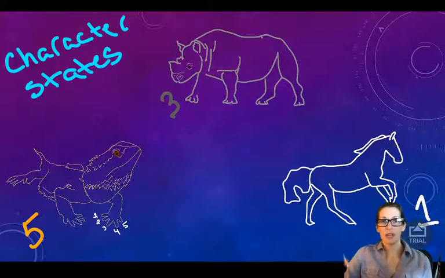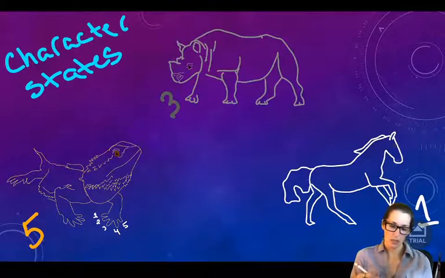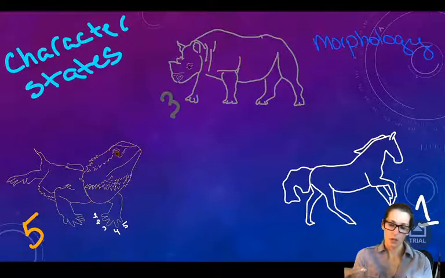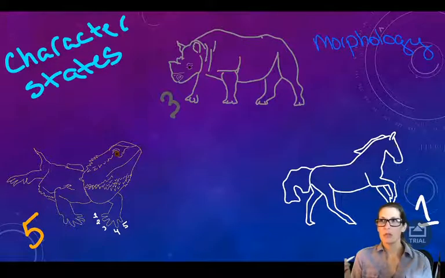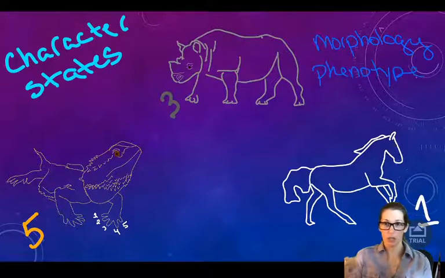All these different character states are what we call morphology, the physical characteristics. Another way we can think about this is the phenotype, if that's familiar. I hope that's a familiar word.